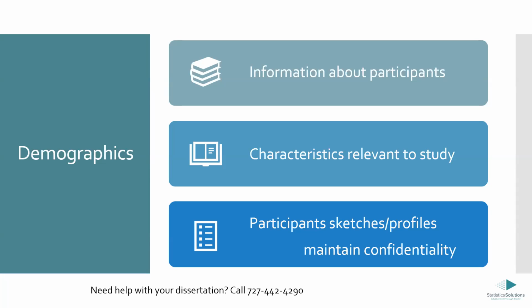So it's a trick between providing that balance to the reader for the context and understanding the relevant characteristics of your participants, but also maintaining their confidentiality. For example, if you were to present something like age, where along with some other demographic characteristics, it would become clear who your participant was, you could use an age range. Say maybe they're 45 to 54 years old. And so sort of obscure things in that way, to maintain confidentiality.